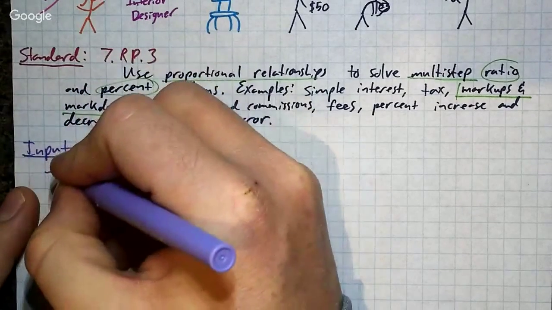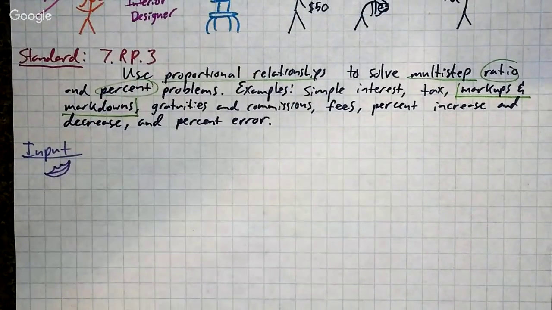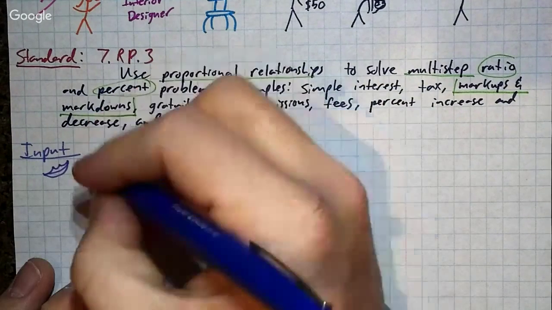We're going to start off with a little bit of our language of the discipline. Now we just have two of them, and it should be pretty clear what these two are going to be. Our first one is going to be, well, what is a markup?